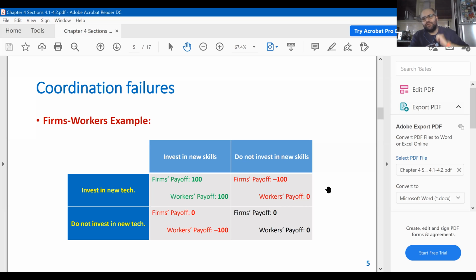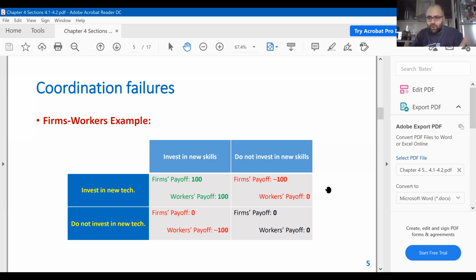Why? Because the firm pays the cost of adopting new technology, so firms make this investment, but since they cannot find high-skilled workers, they cannot benefit from this investment, okay? Because there is this complementarity between new technology and new skills. So new technology requires these new skills in the workers.